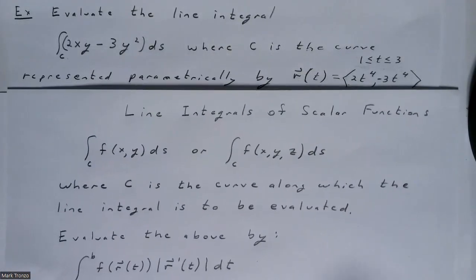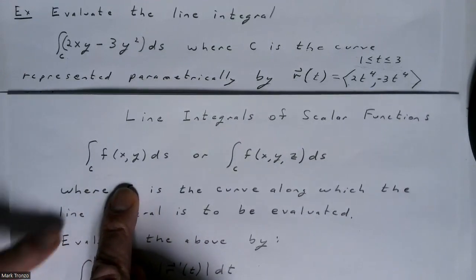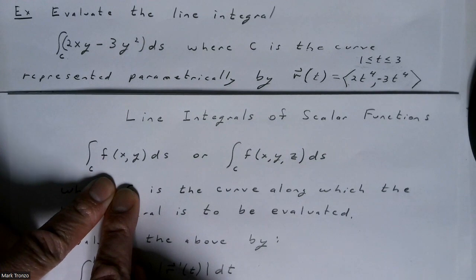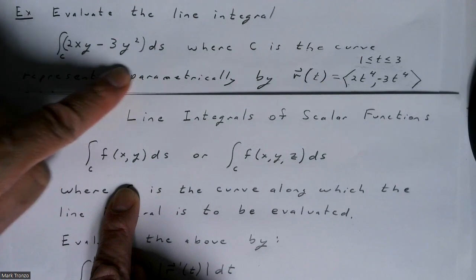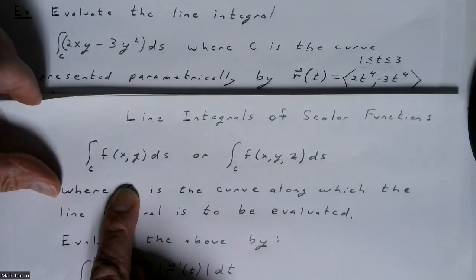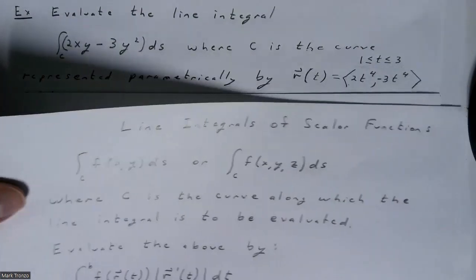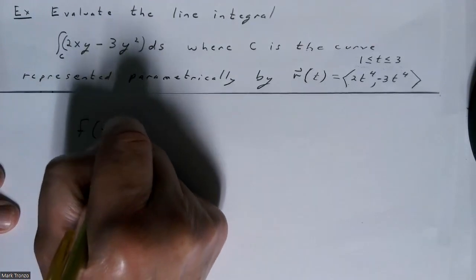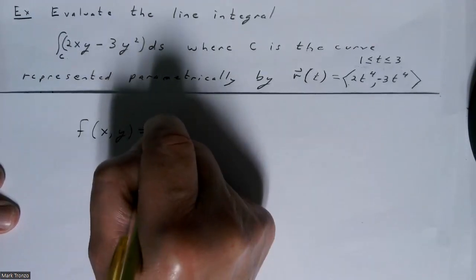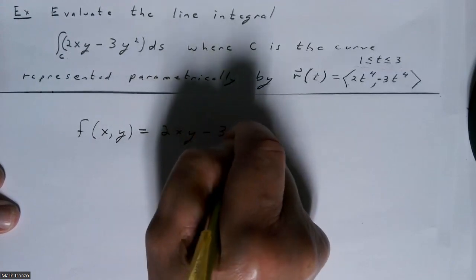So again, we're given an integral in this form here. So we need to identify what our function f is. Our function f(x,y) is this function right here, and that's what we're going to substitute our r of t into in a minute. In this case, our function f of xy is 2xy minus 3y squared.